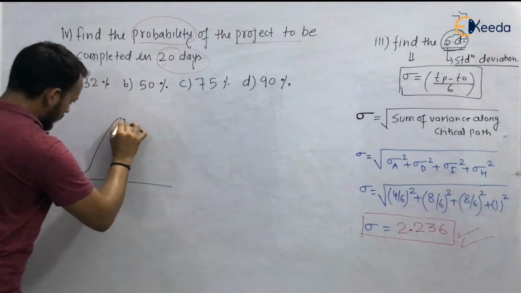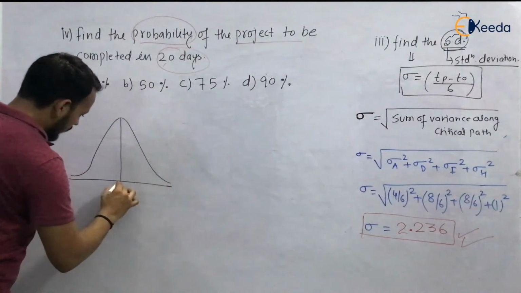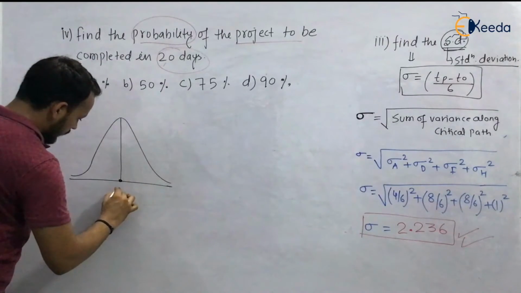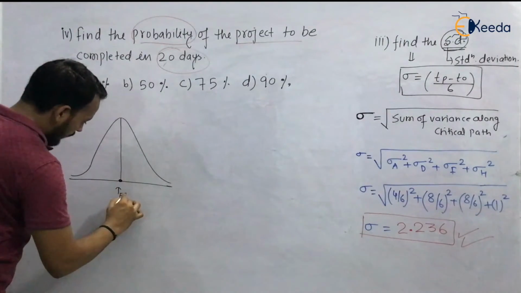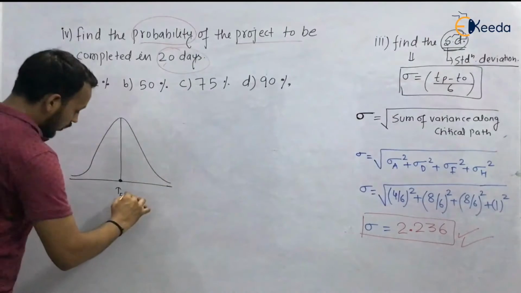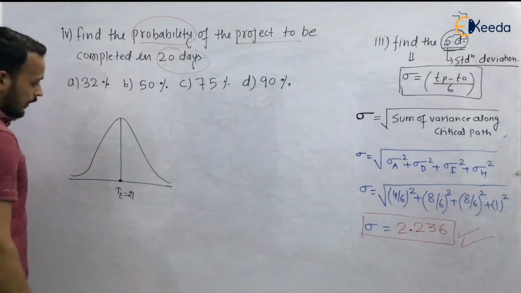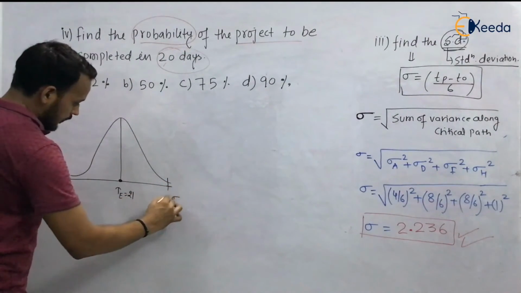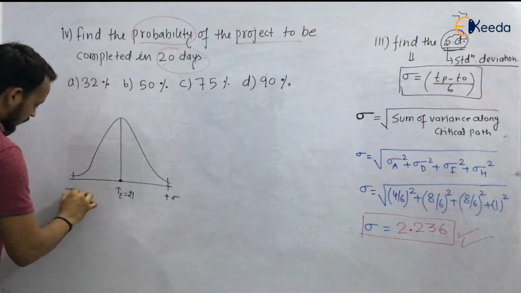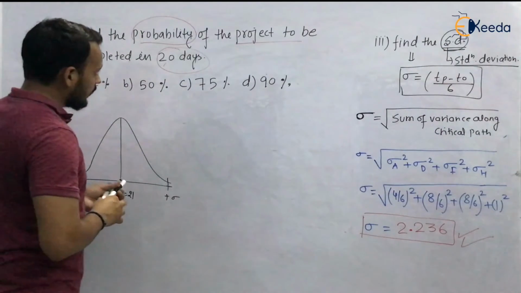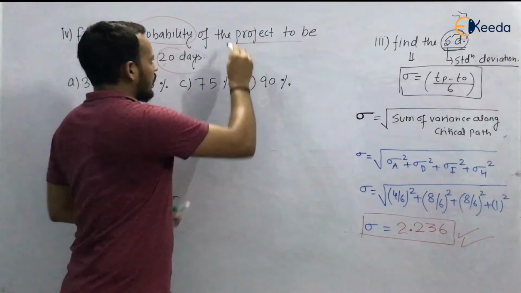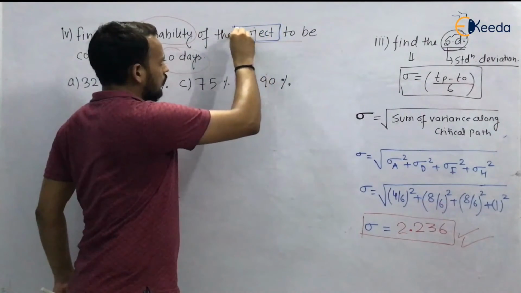It is a curve which is symmetrical about the mean, and the mean, that is T capital E, we got 21 days. This is plus sigma, this is minus sigma. This is the normal distribution curve, because they are asking about a project, and the project follows normal distribution.